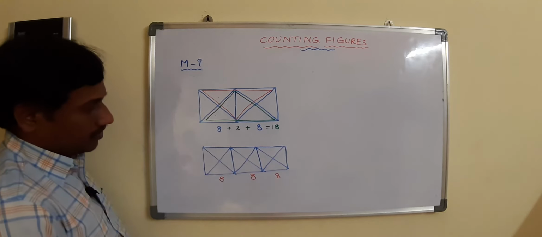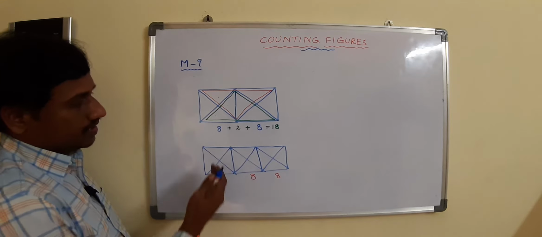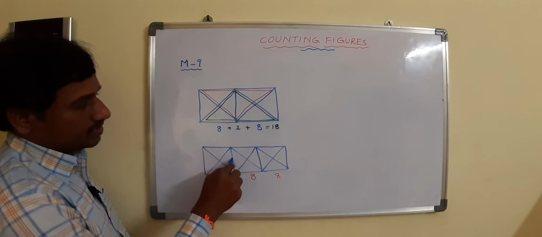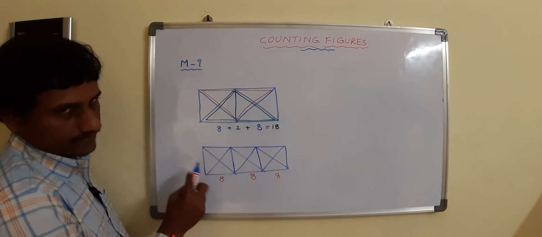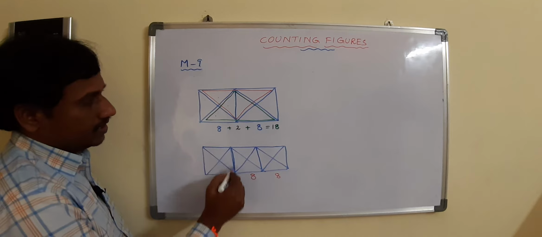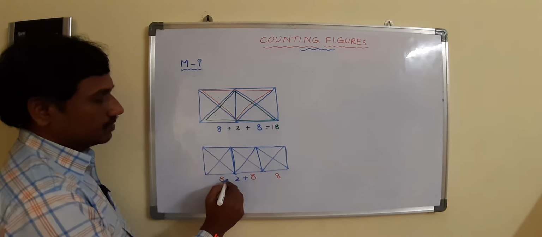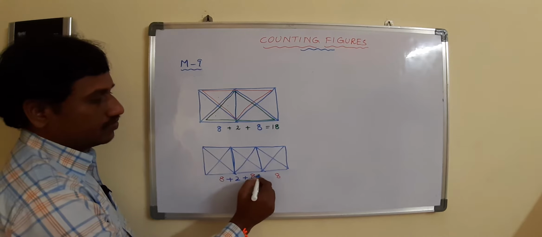Okay. Now just observe the combination. Because these two squares are joined, this is the common side for both the squares. And because of this common point, how many triangles do we have? 2. And similarly here also we have 2 more or not?